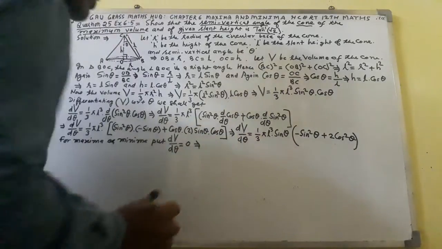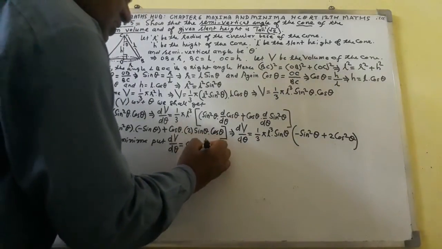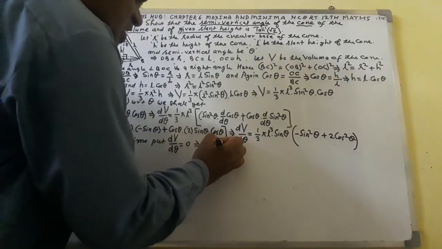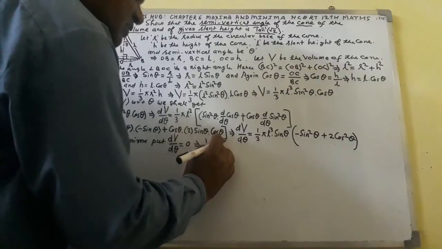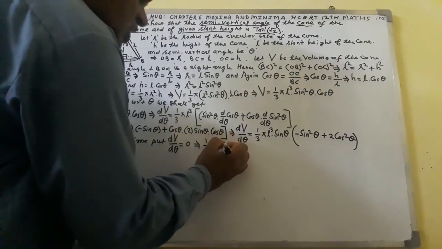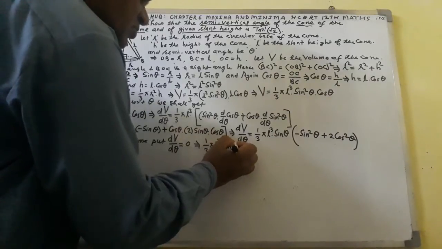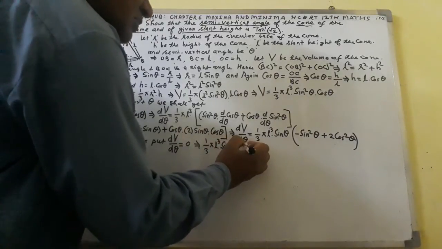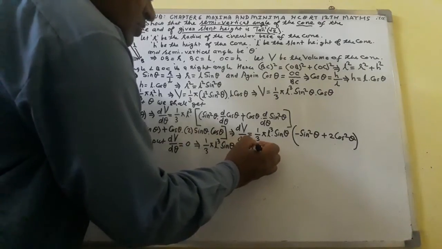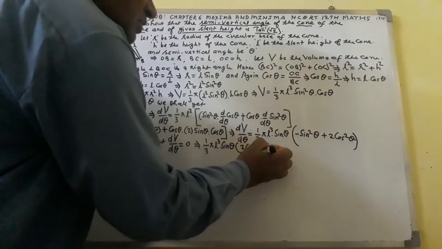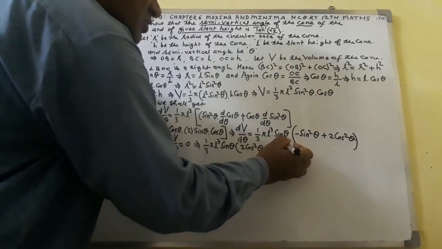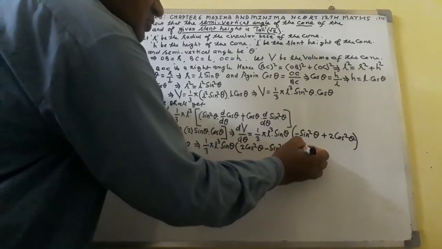Implied that 1 over 3 pi L cube sin theta in bracket 2 cos square theta minus sin square theta is equal to 0.